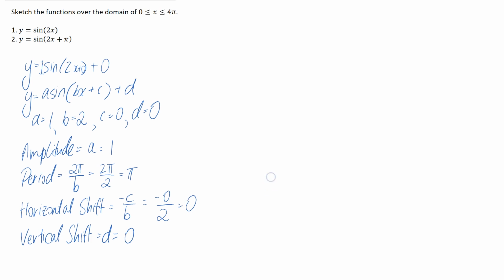So now what I'm going to do is think about plotting it. So we've got our x and our y axis, and we're trying to plot a sine function, and we know that a typical sine function starts at 0. Okay, it's got no shift, so it's definitely starting at 0. Since a is positive, it's going to follow the normal pattern where it goes up first.